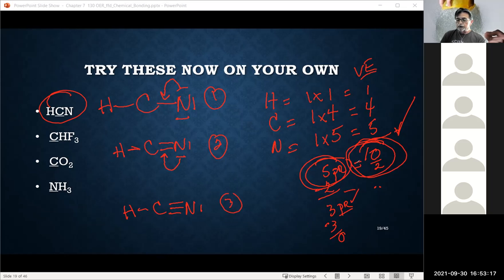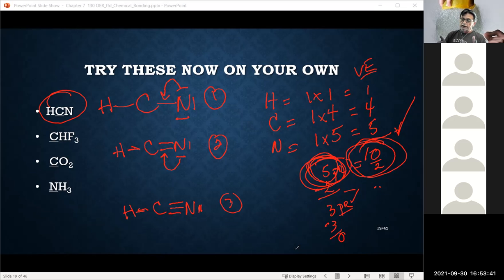Follow my bonds, make sure I don't violate that 5 or lose them along the way. I still have 5 bonds all the way at the end. One of them is bonded with hydrogen. I got a triple bond between the carbon and nitrogen, and I got a lone pair on the nitrogen. I have 5 pairs, so I've not violated my initial 5 pair that I calculated, okay?